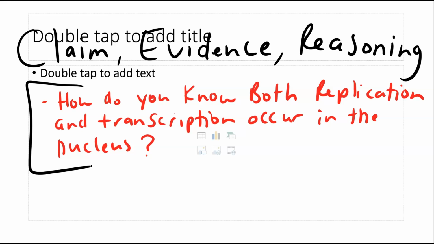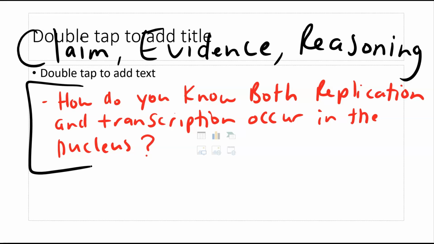Well, from the earliest days in biology, students learn about organelles, and one of the first ones that we talk about is the nucleus and how it stores DNA. So if a student can recall that the nucleus stores DNA, then they should be able to support that claim that transcription and replication happen in the nucleus with evidence.